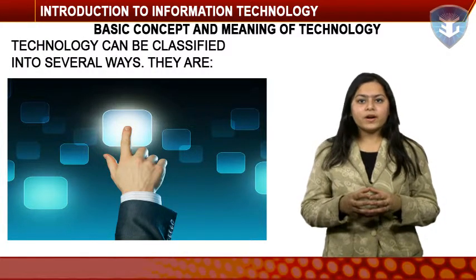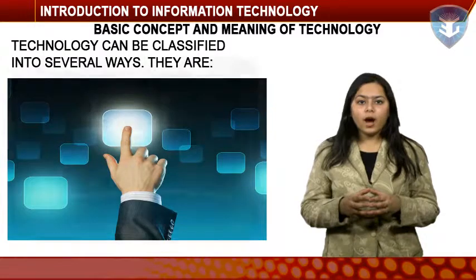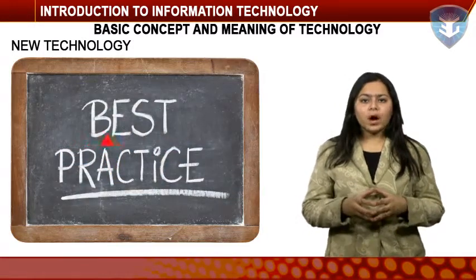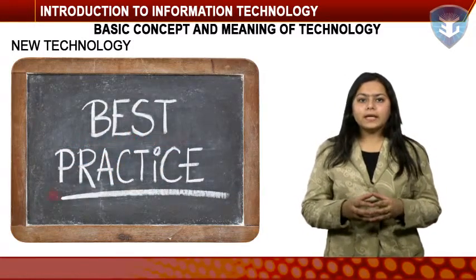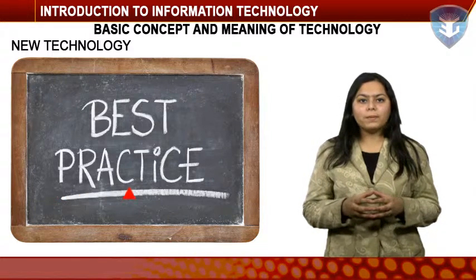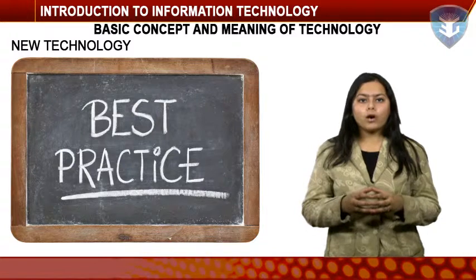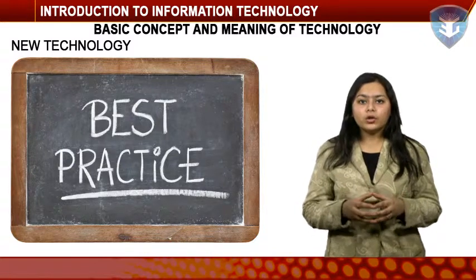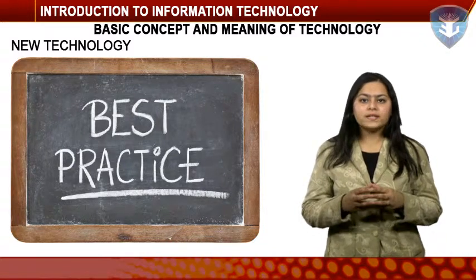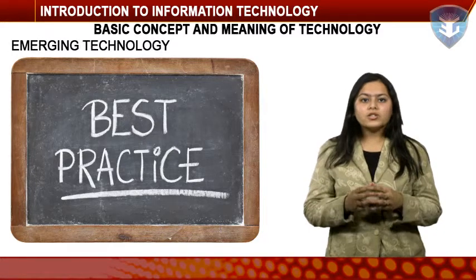Technology can be classified in several ways. They are new technology. A new technology is any newly introduced or implemented technology that has an implicit impact on the way a company produces products or provides services. Emerging technology.